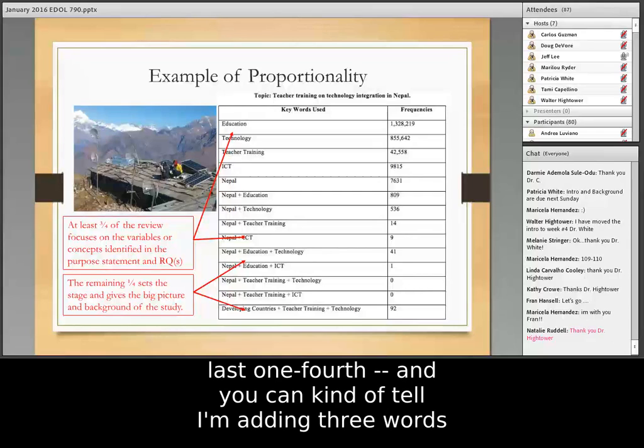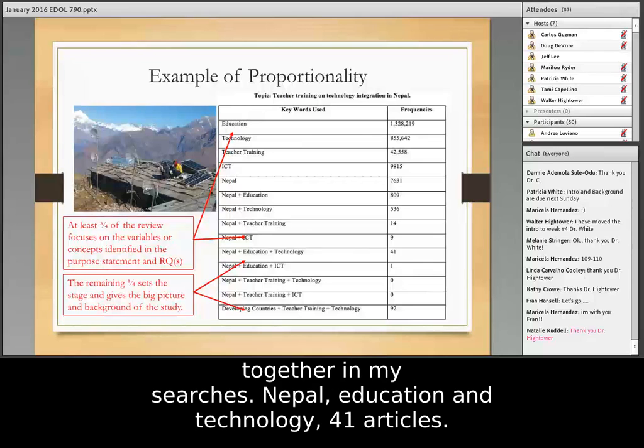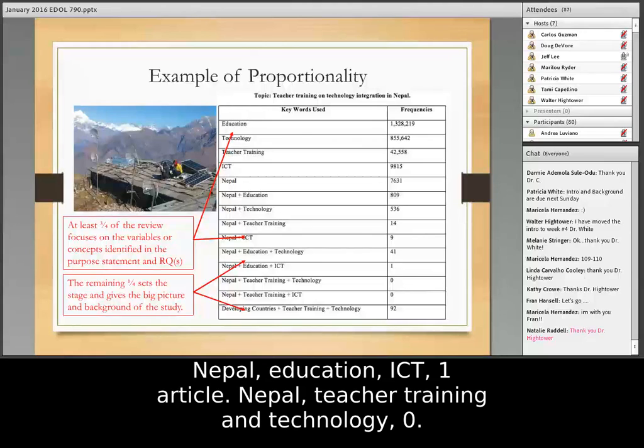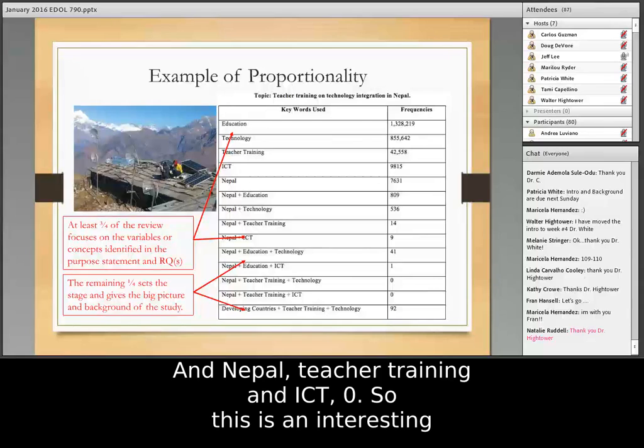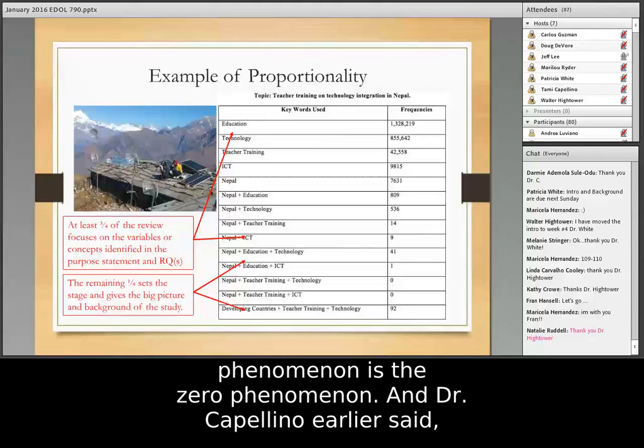And so that last 1/4, and you can kind of tell, I'm adding 3 words together in my searches: Nepal Education and Technology, 41 articles; Nepal Education ICT, 1 article; Nepal Teacher Training and Technology, 0, and Nepal Teacher Training and ICT, 0. Okay, so this is an interesting phenomenon, the 0 phenomenon.